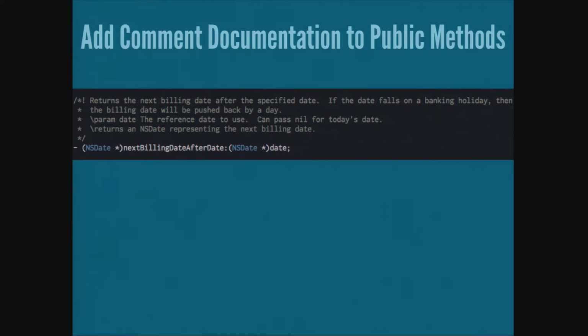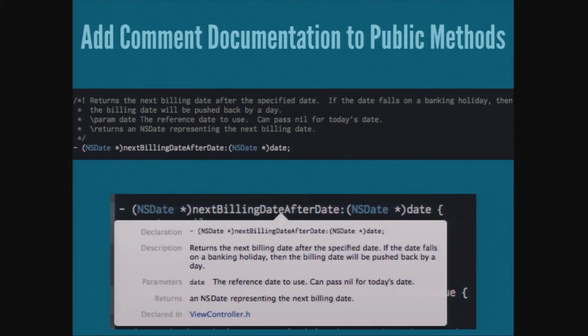Another thing that I don't see people doing a lot is adding documentation comments here, right? Xcode now is smart enough to pull these in and give you a little summary description of your comments. All you have to do is hold down Option and click on a symbol, even your own code, and it will do this. Now notice the comments that I put in here sort of get filled into these little buckets, and it's got param right here, param date.